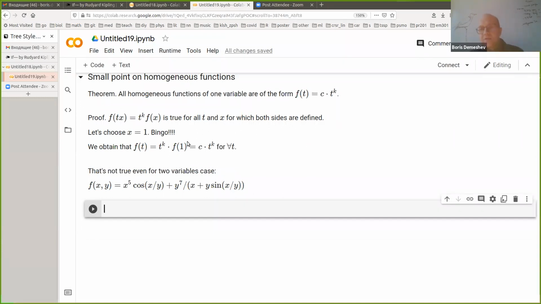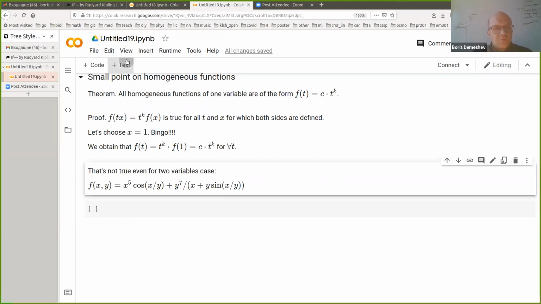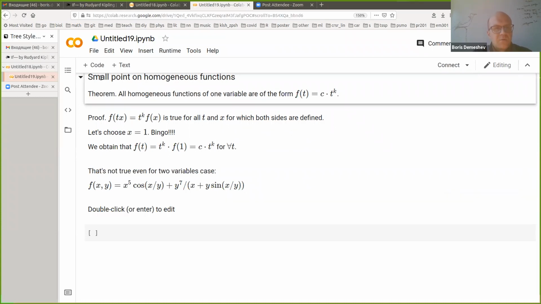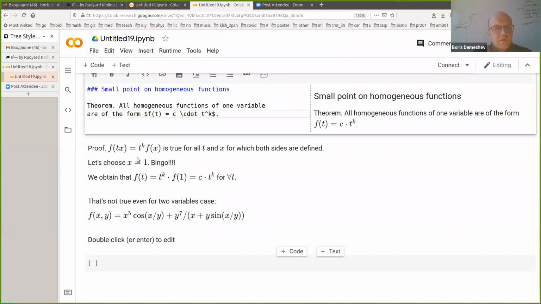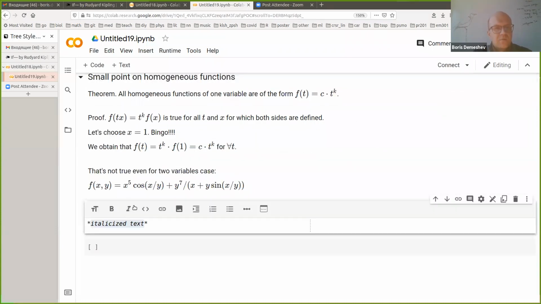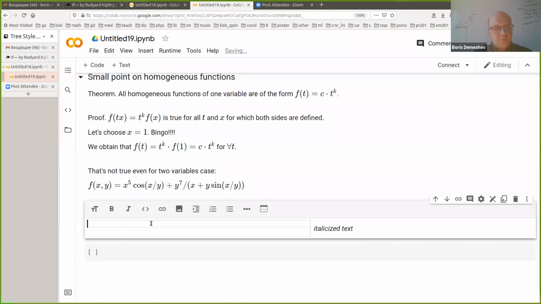Now let's go back to concavity and convexity in optimization. Let's introduce the topic: convexity and concavity in optimization.